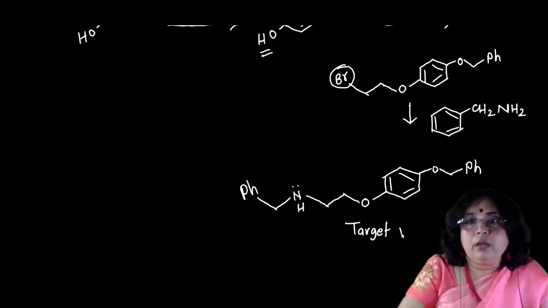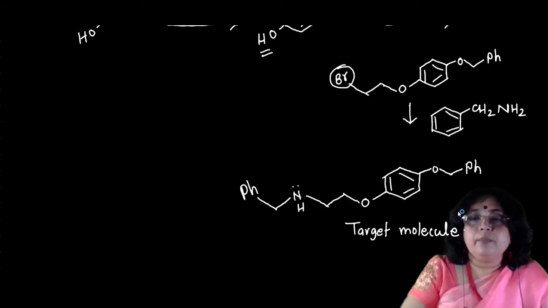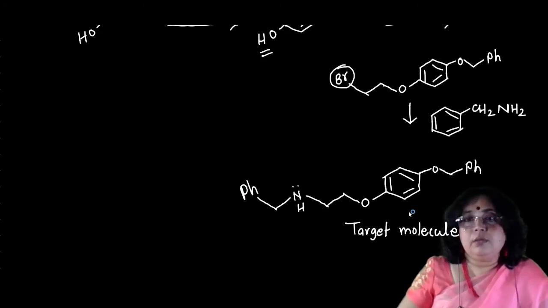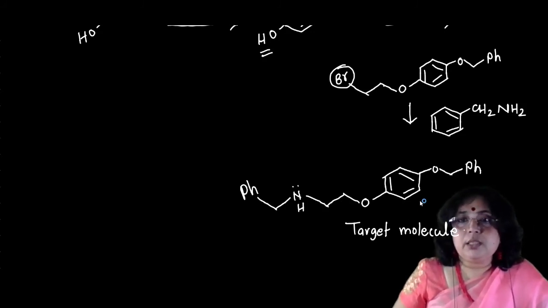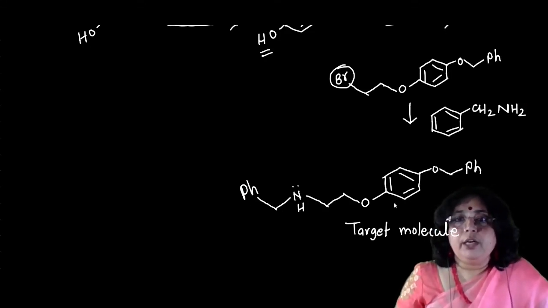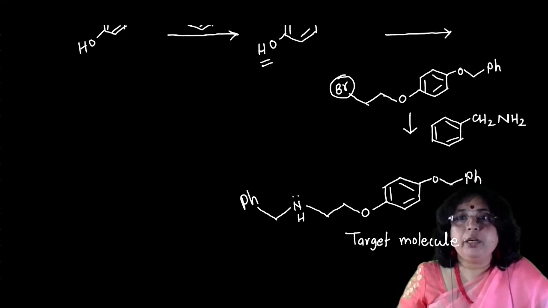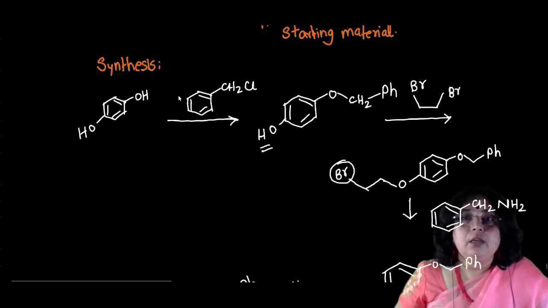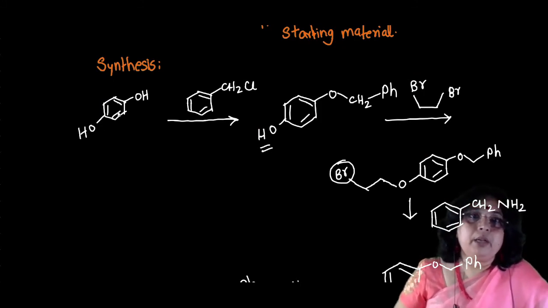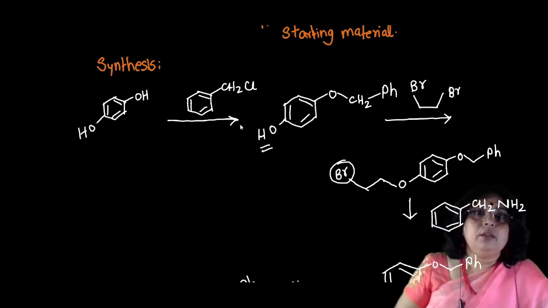Now let us verify whether the synthesized molecule is the same or it is different. Let us compare these two molecules. This is the target molecule we have obtained from the synthesis. The starting material has 2 hydroxy groups at the para position with respect to each other.